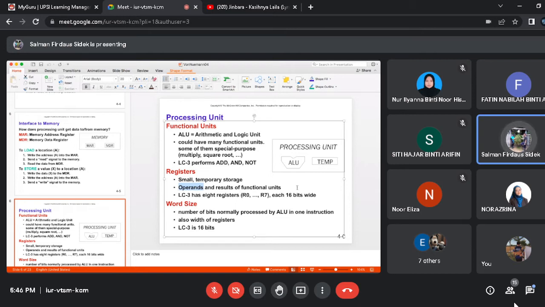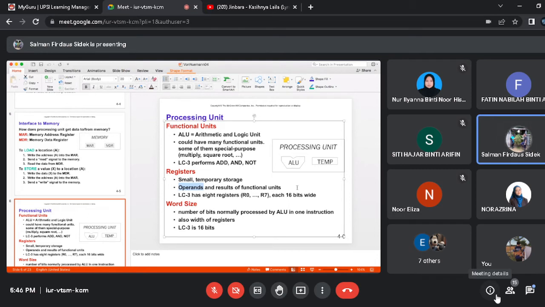How many bits can it keep? Come on. 128. No, I actually don't want the answer. I want how you calculate it. 16 times 8. Yes, so 16 times 8 is the size of the temporary storage, so you can keep data and information as much as that.